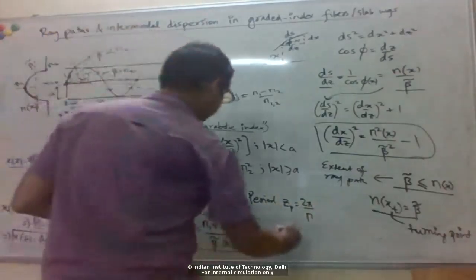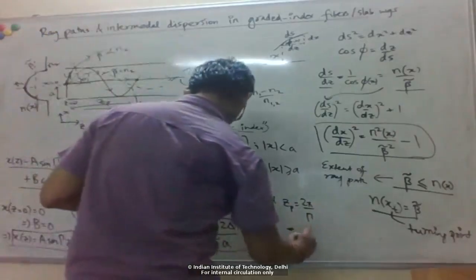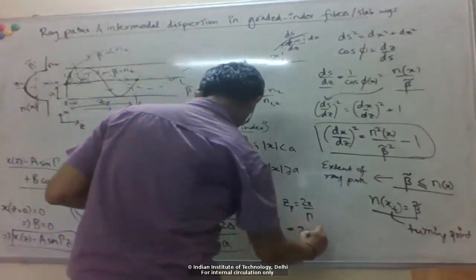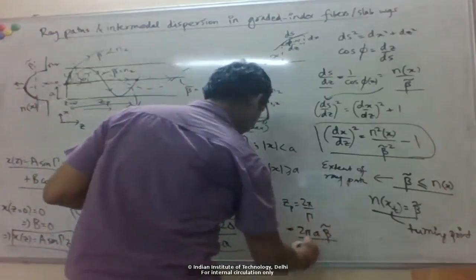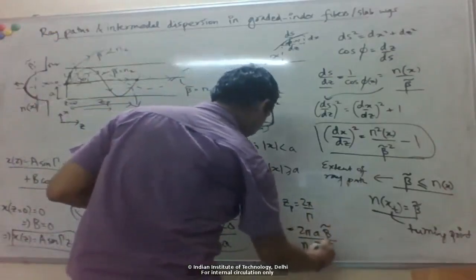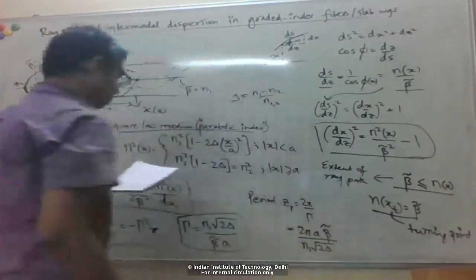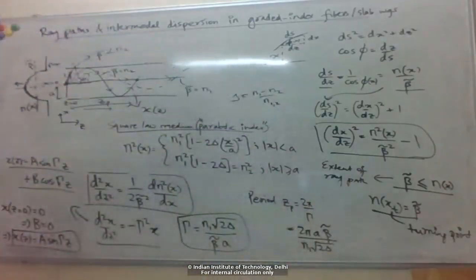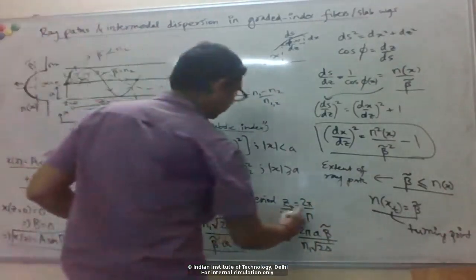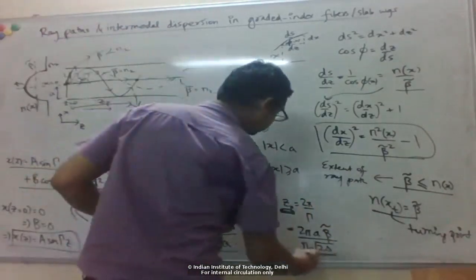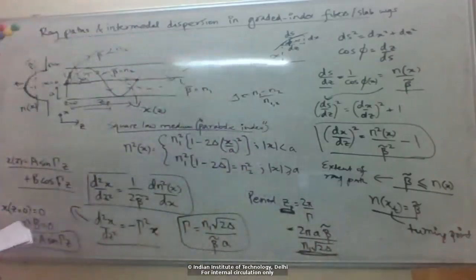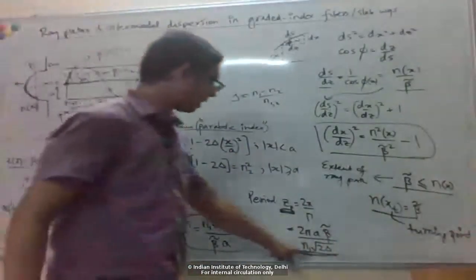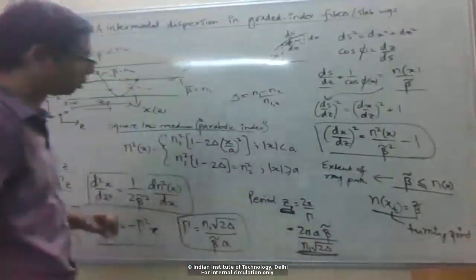So from here, right? So again, the period depends on this beta, the launch angle, and it's also depending on the refractive indices and the size of the photon.